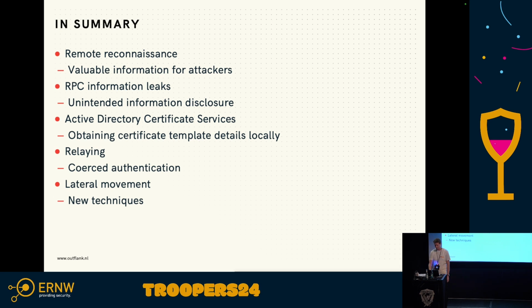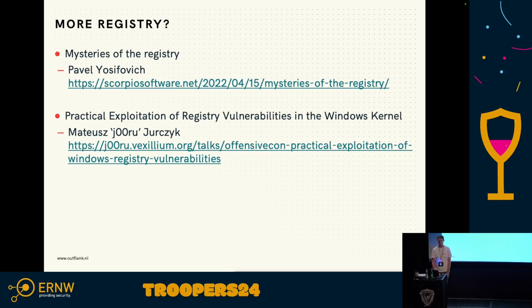If you want to learn more about the registry, there are some great resources: Mysteries of the Registry by Pavel Yosifovich. There's also a great write-up by Yoru on the Project Zero blog on exploitation of registry vulnerabilities.